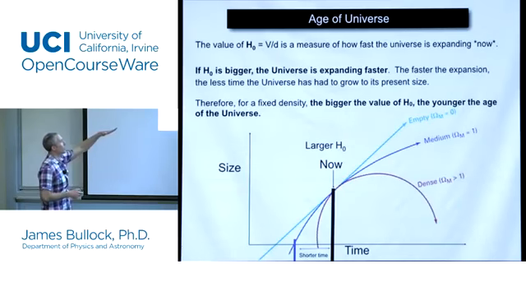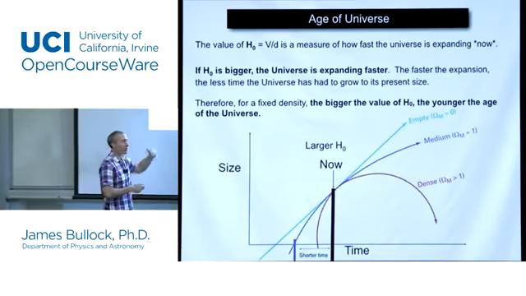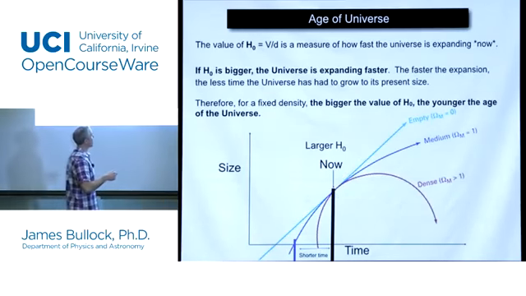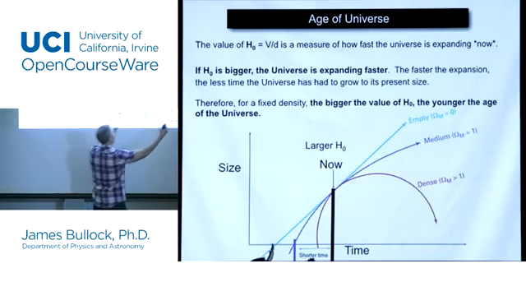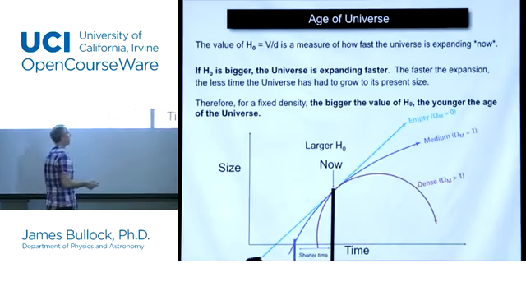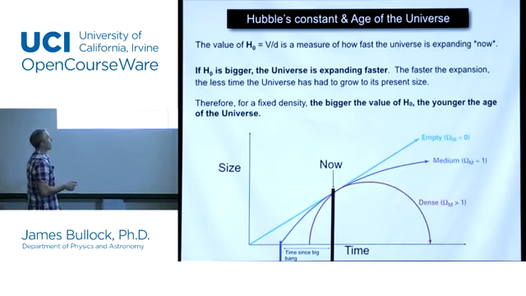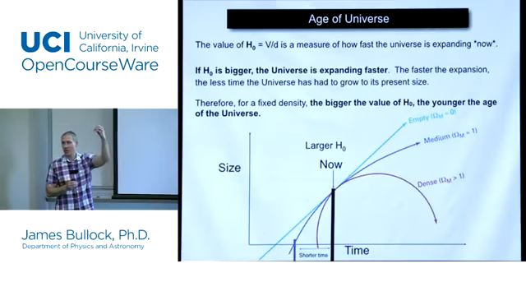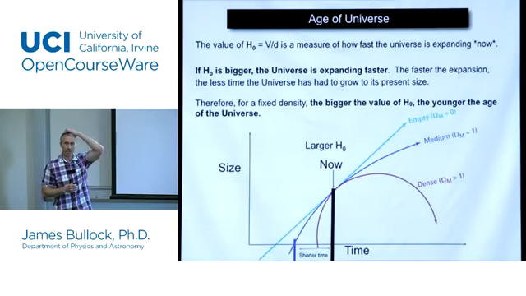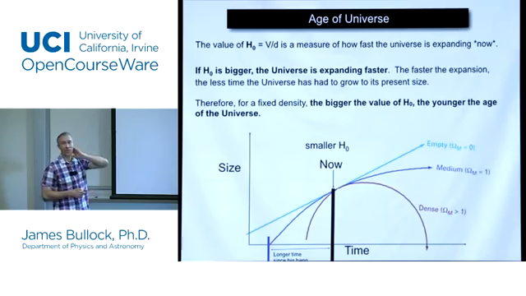It would just make all these lines steeper. H naught is the slope of this relation, so if you make a steeper slope, all the lines do that. So with bigger H naught, this time is shorter than it was before. That's a regular H naught, there's a bigger H naught, all the times get shorter the bigger the slope is. Does that make sense? We can go the other way around, and things get longer.